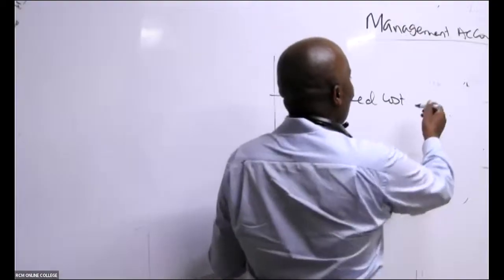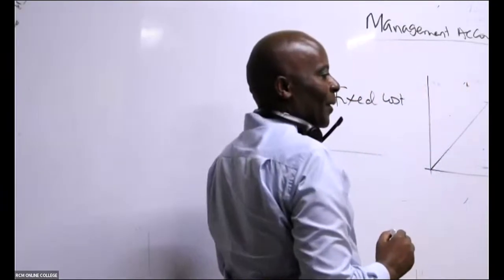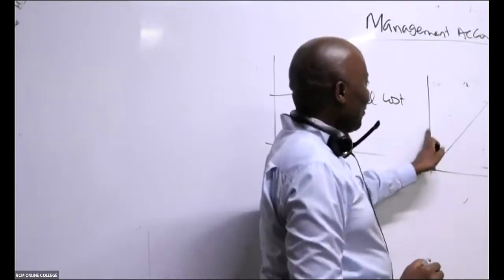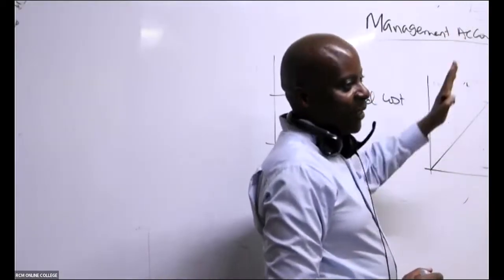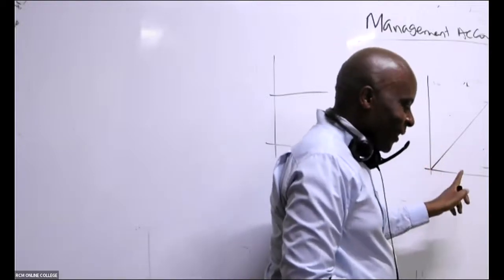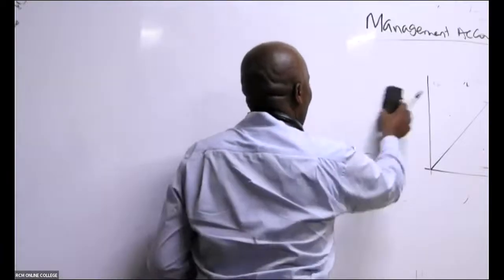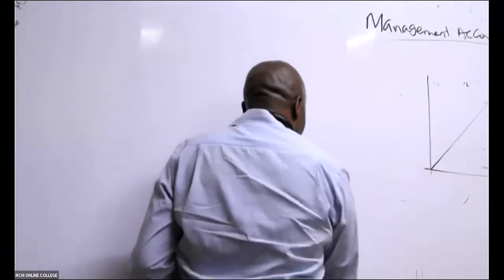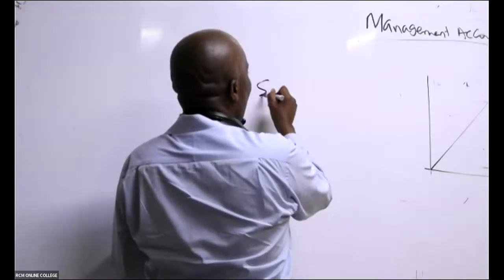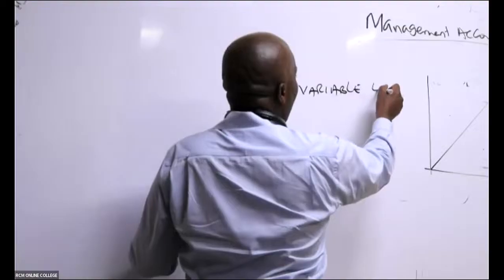Then we have variable costs which behave like this. As output is increasing, what is happening to this cost? Increasing. If we produce 0, variable cost will be 0. Then now we have another behavioral classification, semi-variable cost.